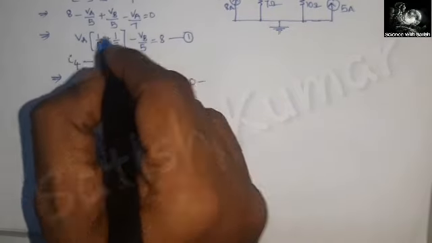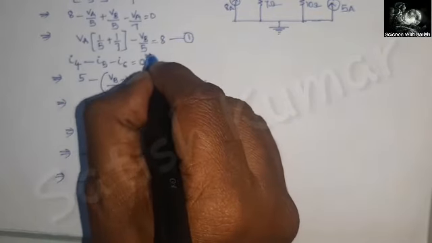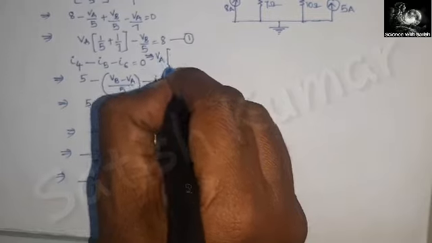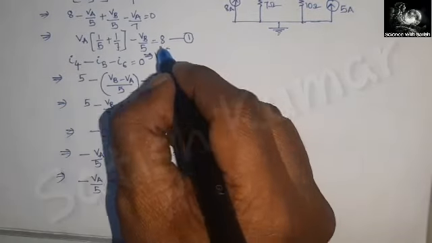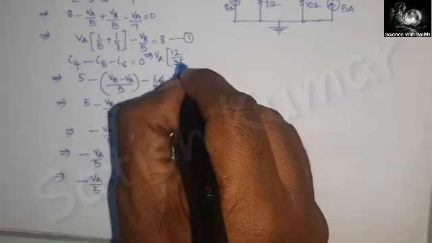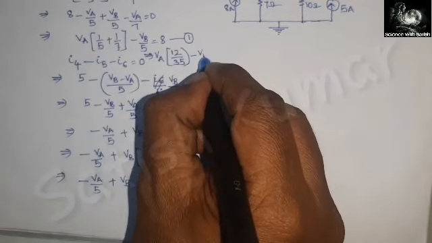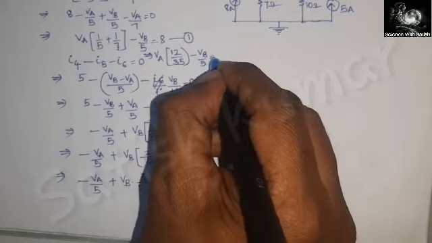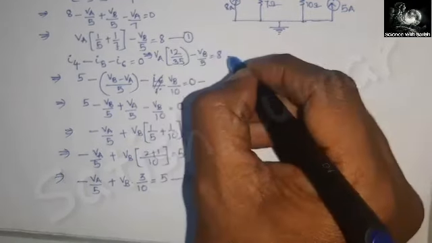Equation 1 can further be written as VA into, 7 5s are 35, so 7 plus 5 is 12 by 35, minus VB by 5 is equal to 8. So, this will be equation 1.